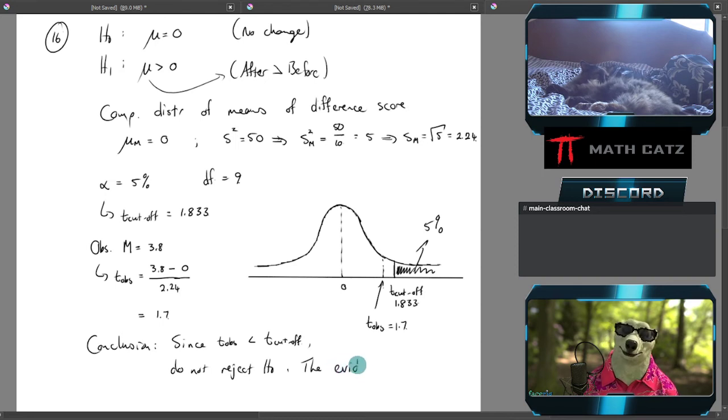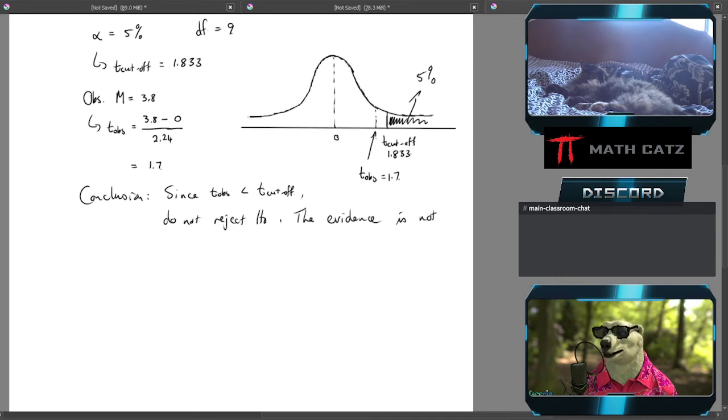But we can say something like the evidence is not strong enough to suggest a change in, what shall we say, before versus after results.